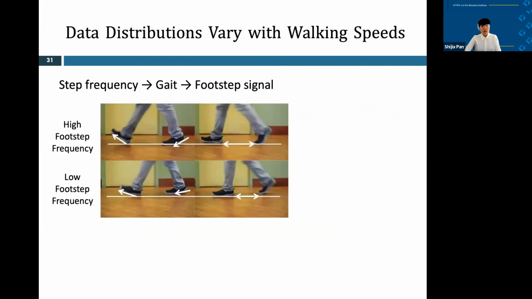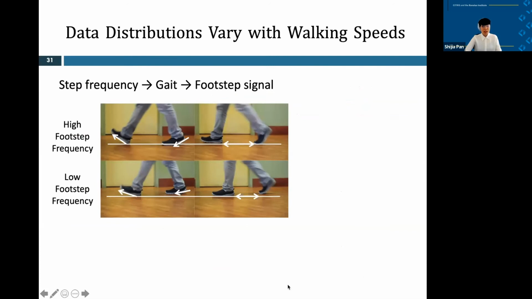Turns out the reason we see a low accuracy is because people's gait changes when their walking condition changes. And here, this specific condition is step frequency, or how fast people walk. On the left-hand side we demonstrate an example of a person walking at different speeds.